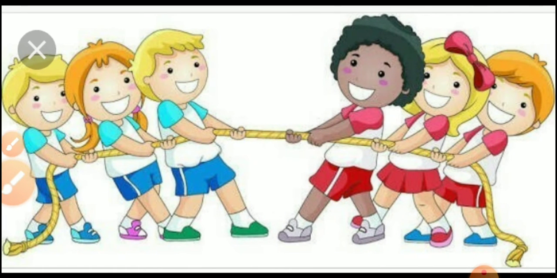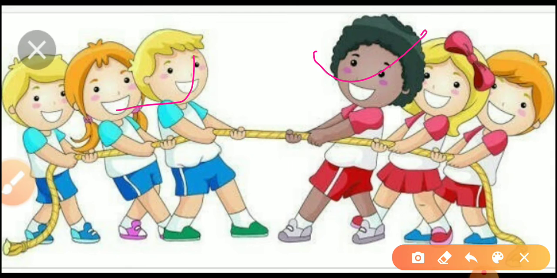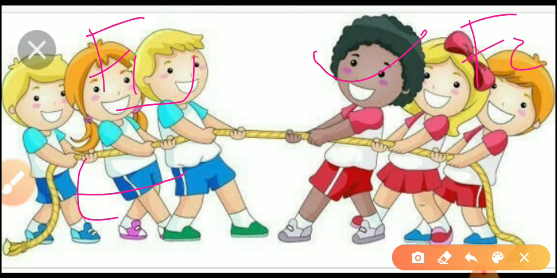A familiar example, you know, is tug of war. They are pulling each other. This team is applying force, pulling to their side, and the other team is also pulling to their side. Two forces are there. Suppose this is F1 and this is F2, but both forces are in opposite directions. If F1 is equal to F2, then nobody pulls the other to any side.